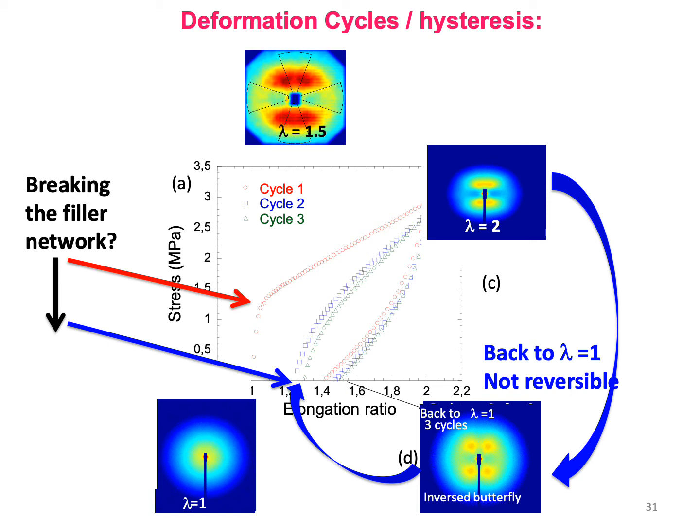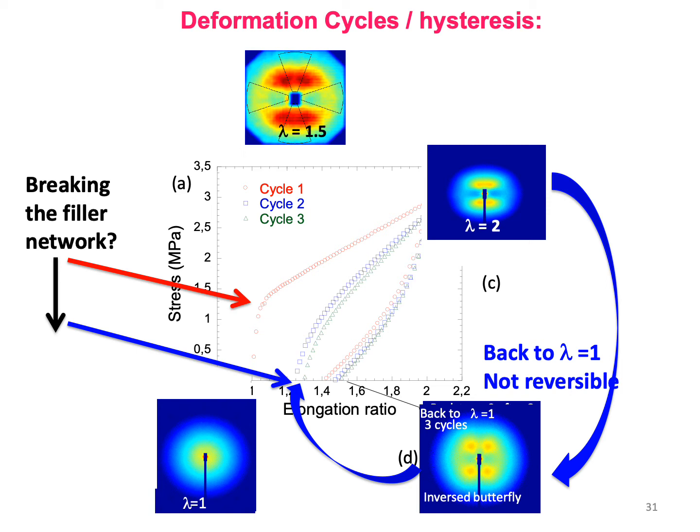Then we stop deforming and we let the sample return to the isotropic state, so as to recover its deformation. And when this deformation is recovered, because the sample is elastic, we obtain an inverse butterfly instead of the isotropic scattering which we had when the sample had not been deformed at all.